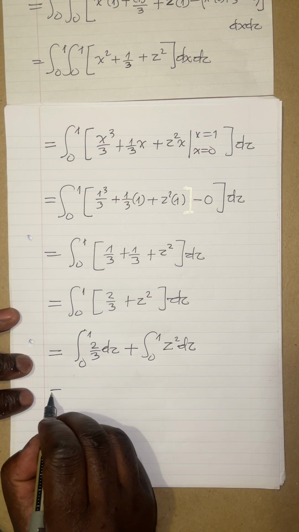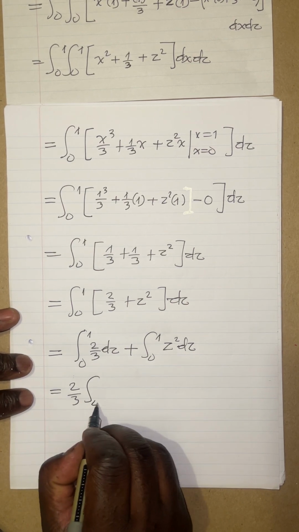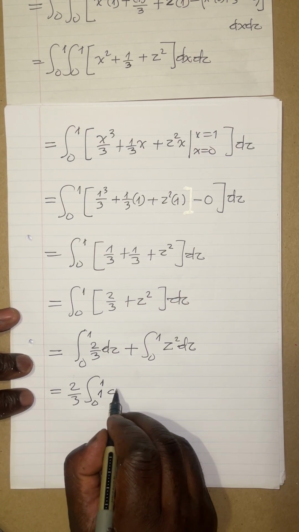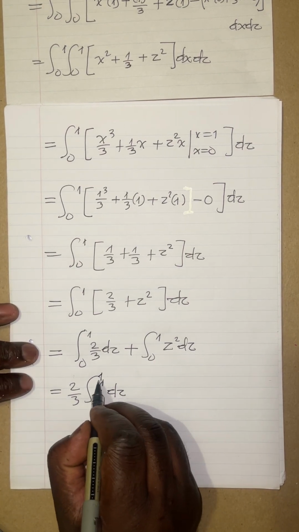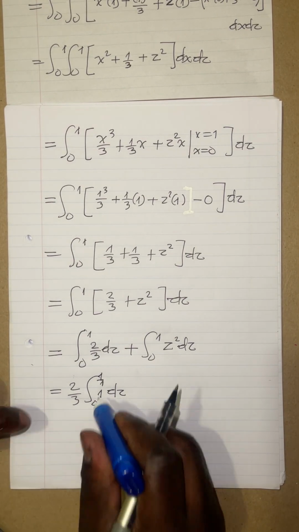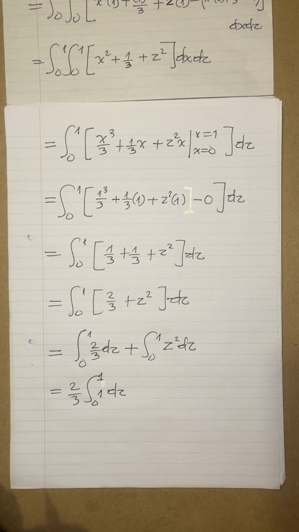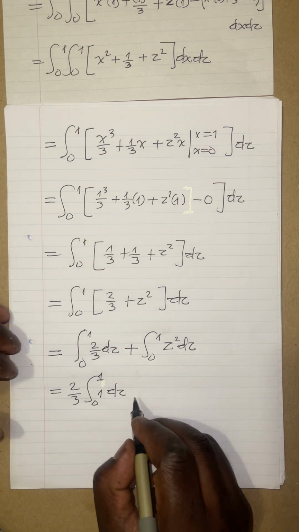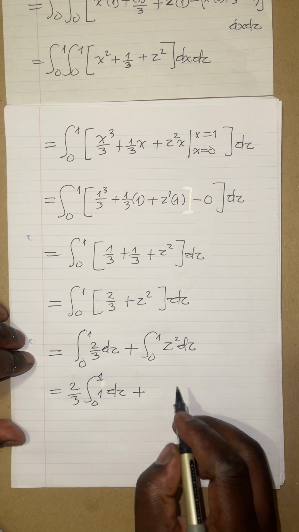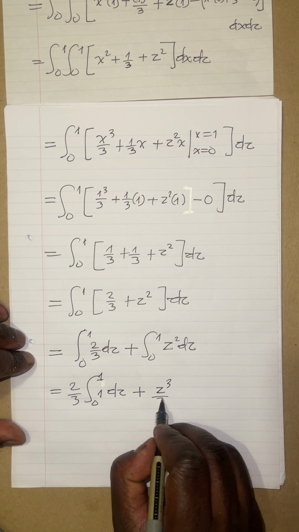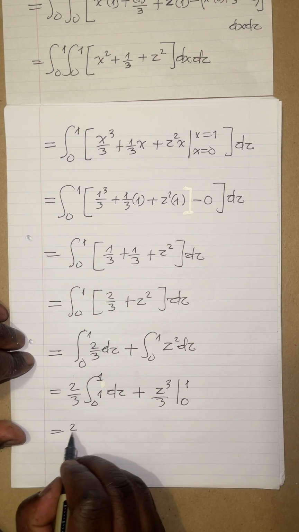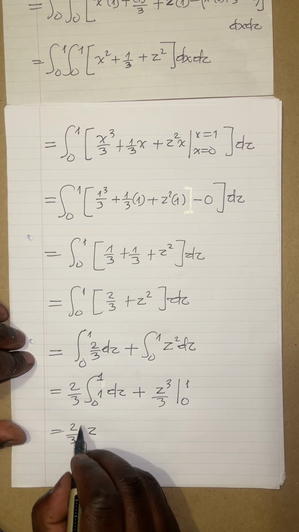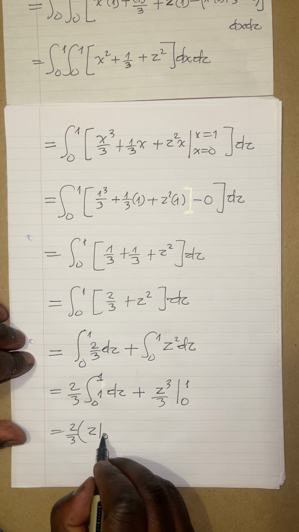This is a constant, take it out. 2 over 3 integral from 0 up to 1 of 1 dz. Right. Then plus the integral of z squared is actually z cubed over 3. Limits of integration 0 up to 1. This part here is 2/3 of z. Limits of integration from 0 up to 1.